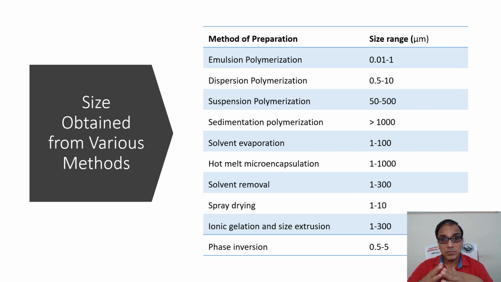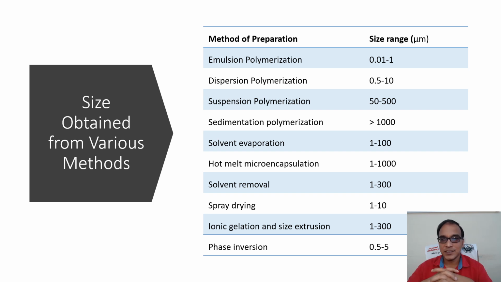Depending on the type of method you are using for preparing the microspheres, you will get different sizes of microparticles. And for getting a particular size range, you may opt for a particular method. Okay. Or vice versa, you can say.